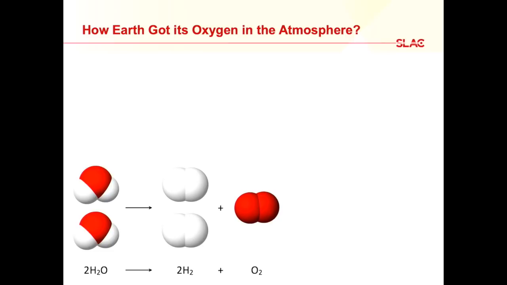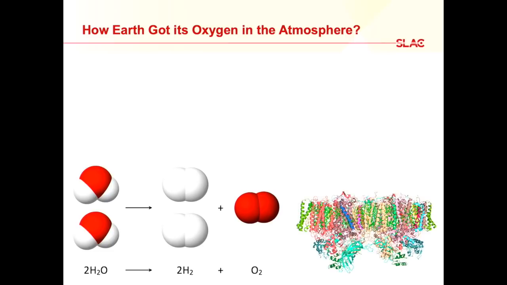And what has allowed our planet to become suitable for us to be here is this molecule here called photosystem 2. This molecule does a reaction like this, where it takes water and creates oxygen.